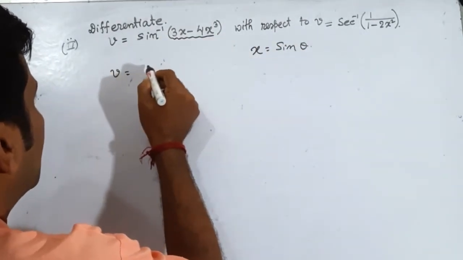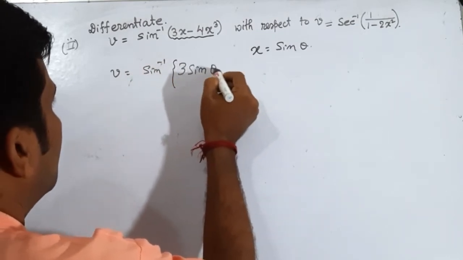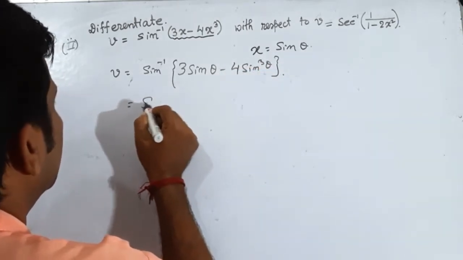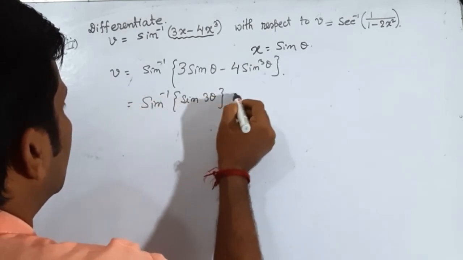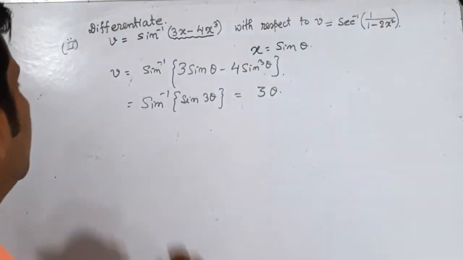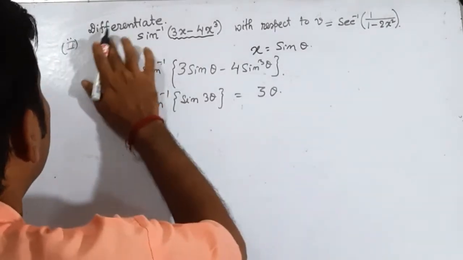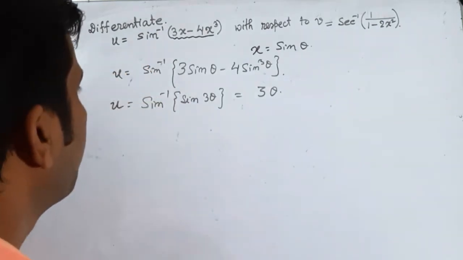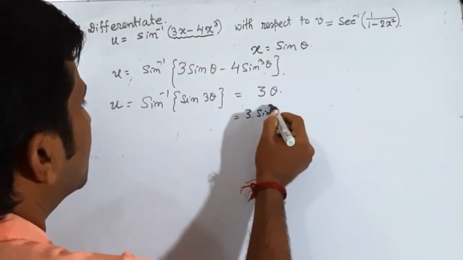That means u is equal to sin inverse of 3 sin theta minus 4 sin cube theta. That means sin inverse sin 3 theta. This is equal to 3 theta. This is u.